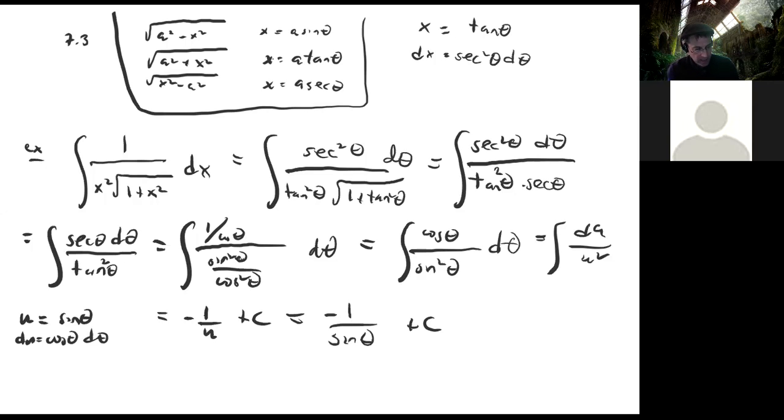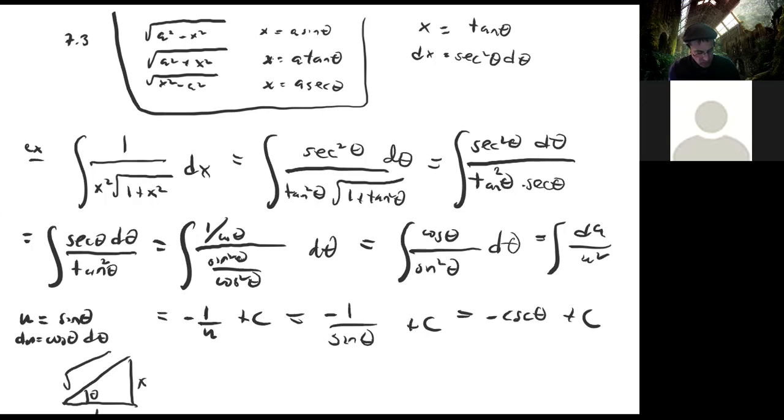Or if you like, minus cosecant theta plus c, if you want to do it that way. So now I draw a right triangle. And we know that x is tangent theta, so if theta is the angle here, it's a right triangle. Opposite over adjacent has to be x, so if we use x there, we get a 1 there.